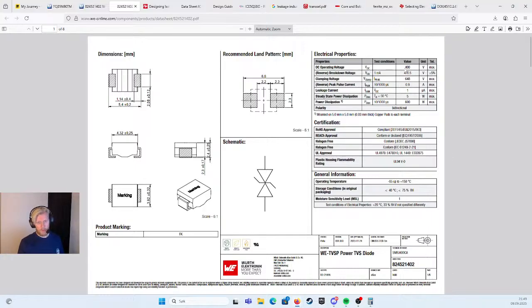DC operating voltage 400. Reverse breakdown 470.